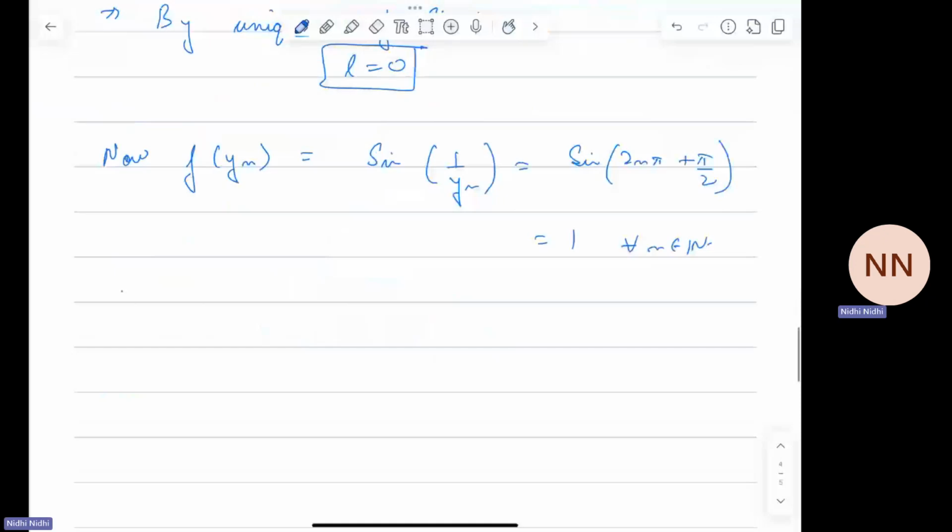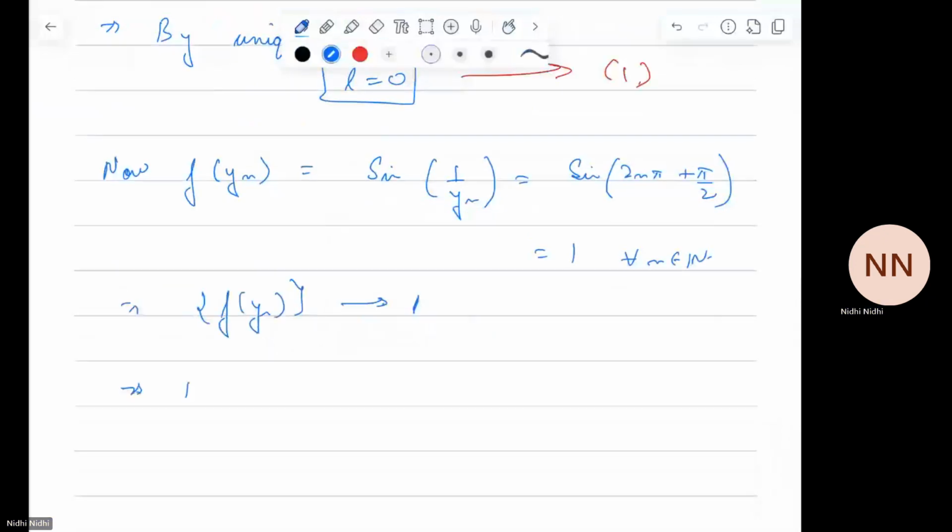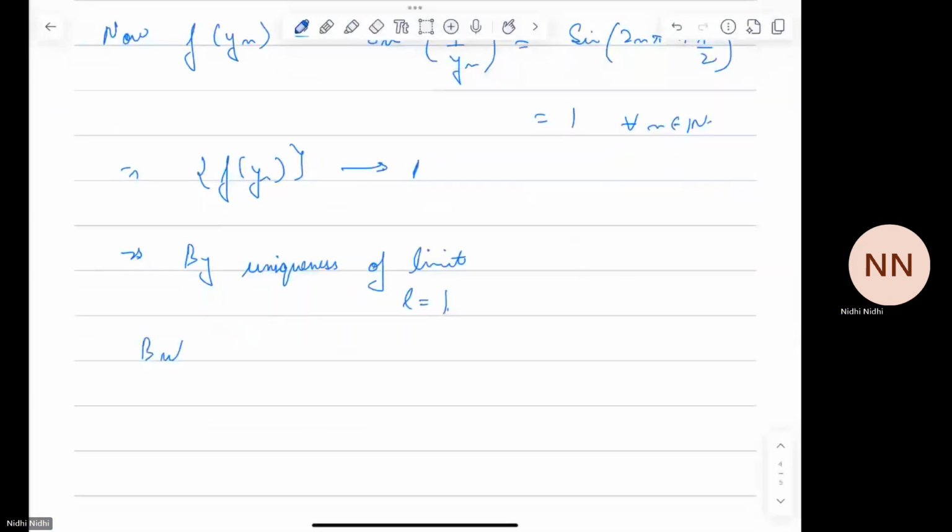so from here we get, because f(y_n) also converges to L, and in this case f(y_n) is converging to 1, therefore again by uniqueness of limit we get L is equal to 1, but this contradicts equation 1. Hence the limit does not exist.